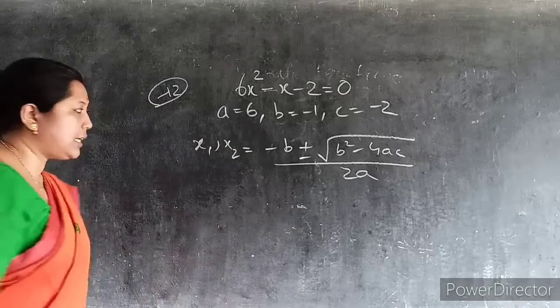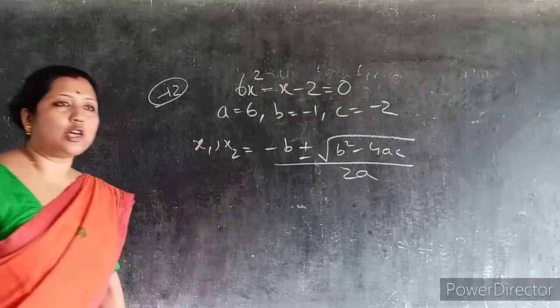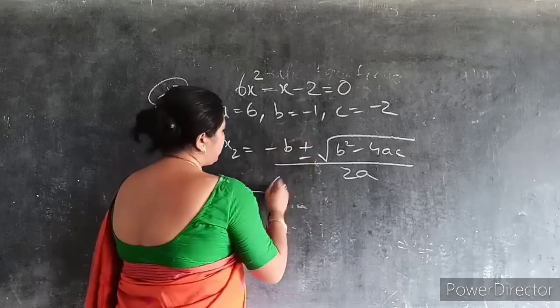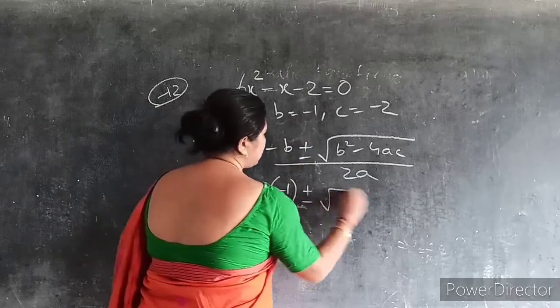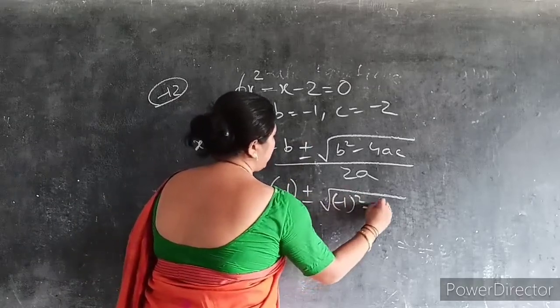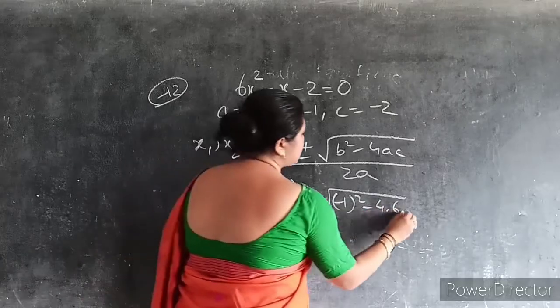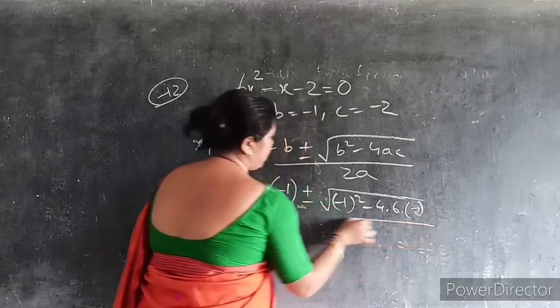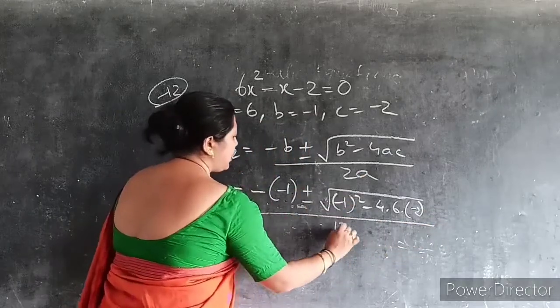This is the quadratic formula. Here b is minus 1, so minus b is 1, plus minus root of (minus 1) whole square, minus 4 into a which is 6, into c which is minus 2, divided by twice a, that is 12.